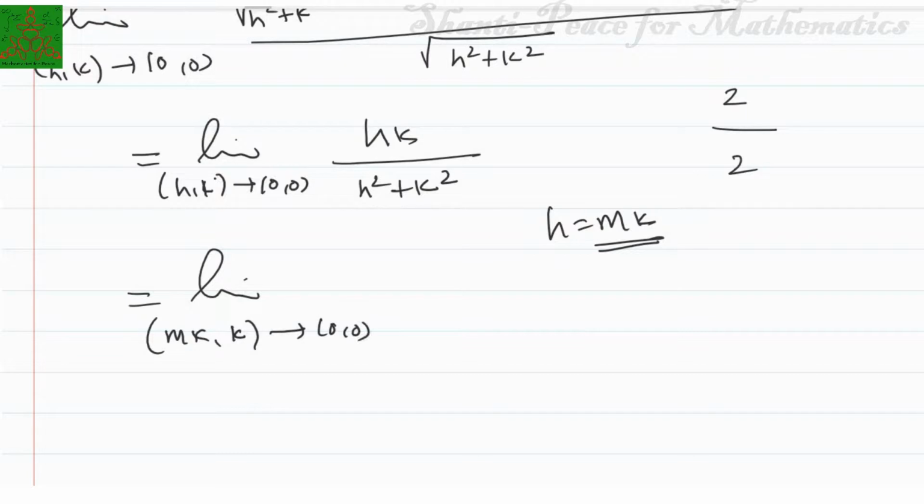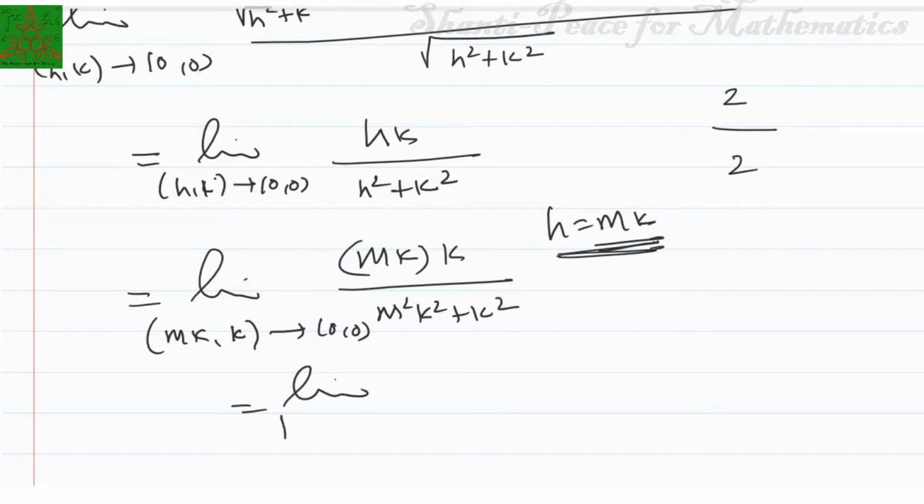What I'm taking is the path along this. So this gives you mk into k upon m square k square plus k square. So this is the limit as k tends to 0 of m upon m square plus 1, because k square will get cancelled.